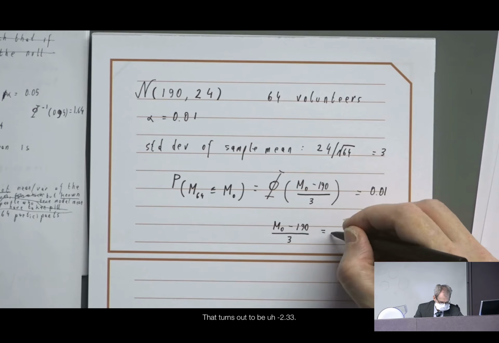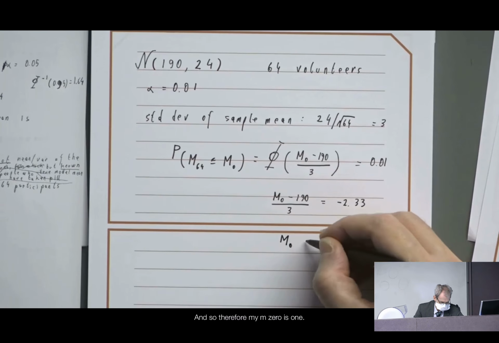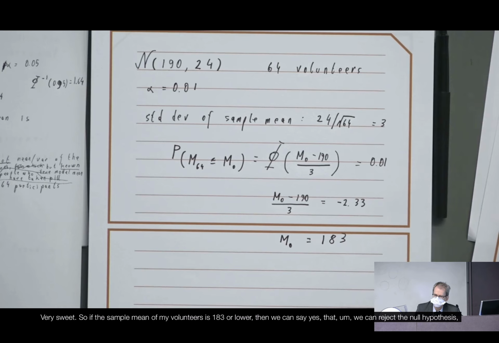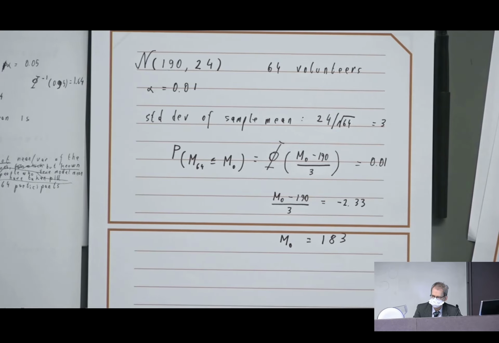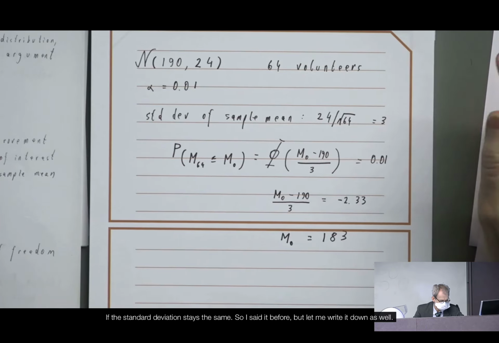That turns out to be minus 2.33, and so therefore my M0 is 183. So if the sample mean of my volunteers is 183 or lower, then we can say yes, we can reject the null hypothesis, namely that the weight remains unchanged by the diet pill, at a significance level of 0.01. We've assumed in this context here that the standard deviation stays the same.